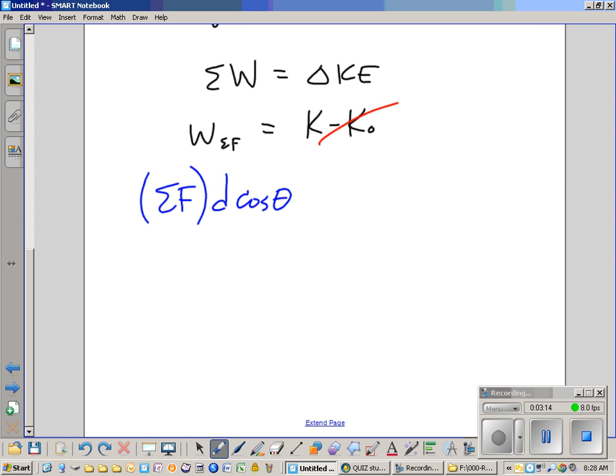But what angle are we talking about? Are you sure? Let's just tell me in general, the angle between the net force and the displacement. Okay, we've got to remember always what we're measuring our angle relative to. All right, and that's going to be equal to the kinetic energy at the end, which is going to be what?